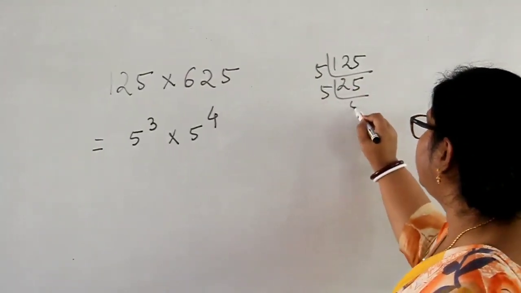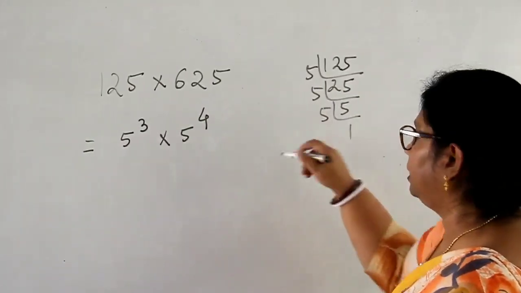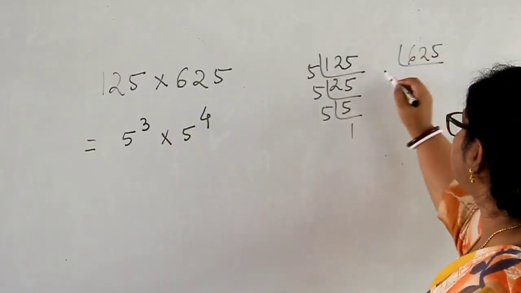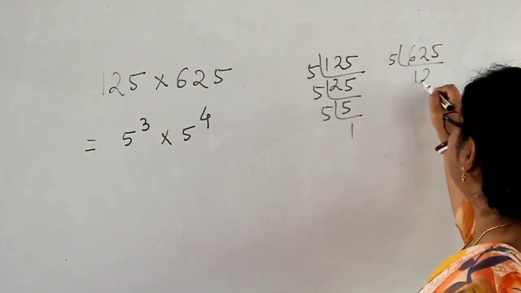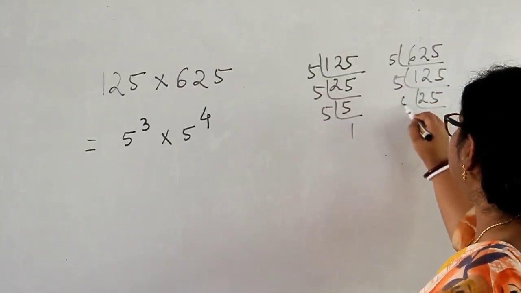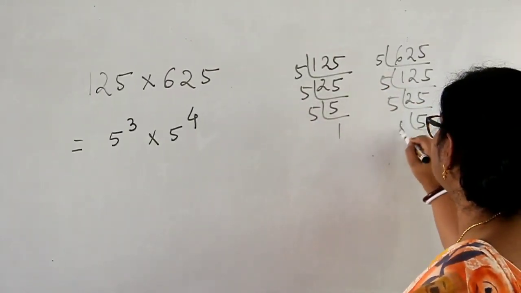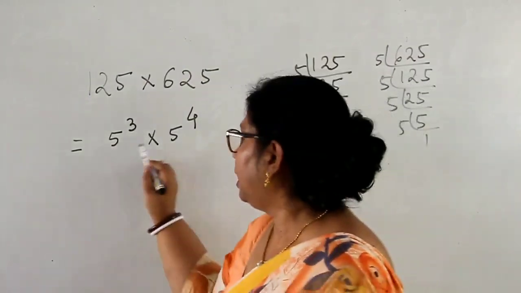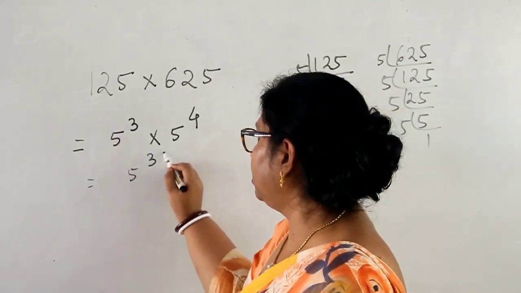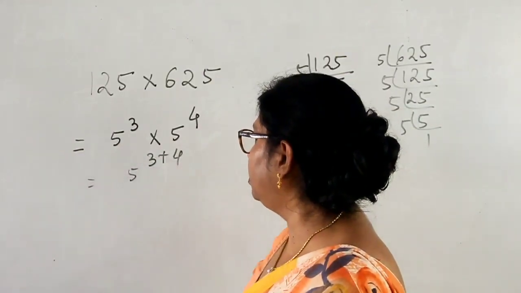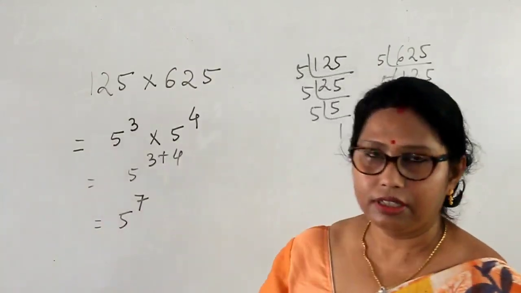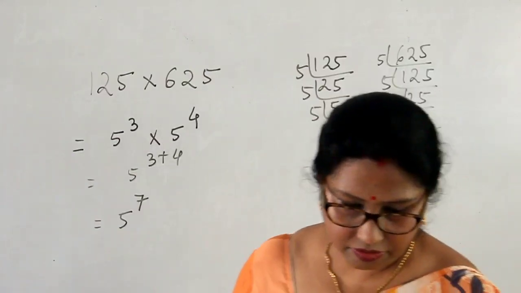So we will have the factorization done, and having the same base here and following the laws of indices, we are going to have 5 to the power 3 plus 4, which will give you 5 to the power 7. So this is another sum from that exercise.